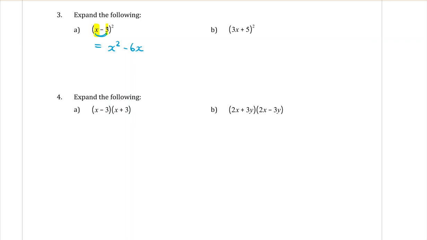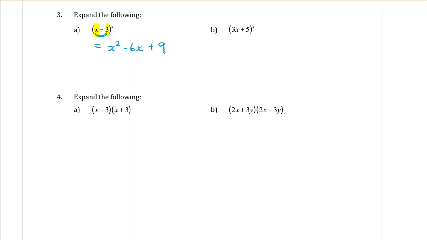And then you're going to times the minus 3 by itself. So minus 3 times minus 3 makes a plus 9. What do you think? Short method's okay? Yes? Everyone's good? Okay, let's try it again.